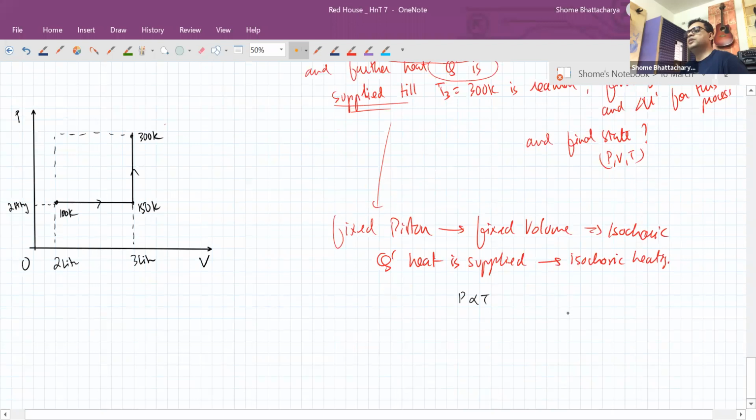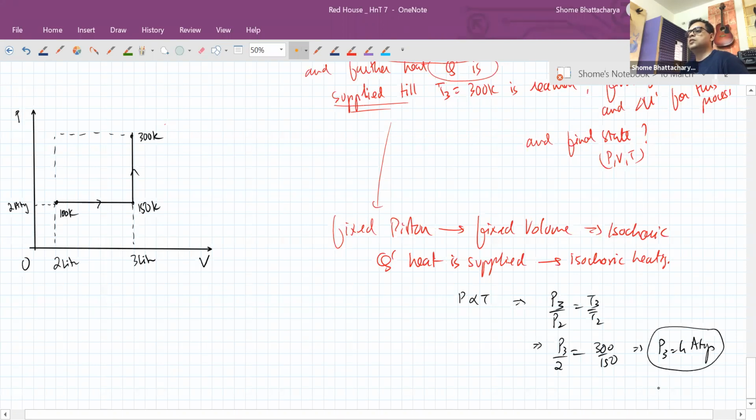Therefore, P3 upon P2 is equal to T3 upon T2. So the final pressure is becoming 4 atmospheres. Final volume is the same as this volume, so that's 3 liters. And final temperature was given to us. So this is the final state.